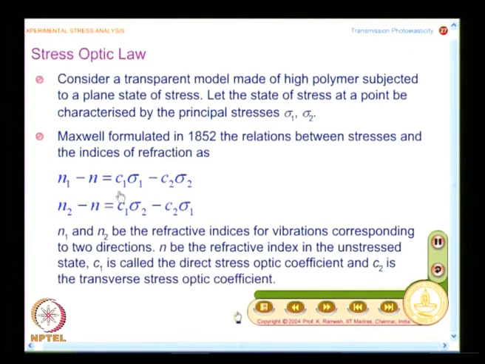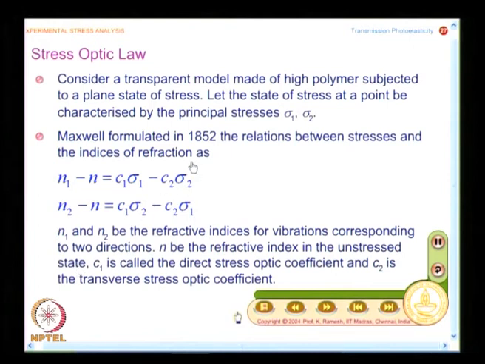He found a direct stress optic coefficient C 1, and a transverse stress optic coefficient C 2, where n 1 and n 2 are the refractive indices of the ordinary and extraordinary ray, and n is the refractive index in the unstressed state.